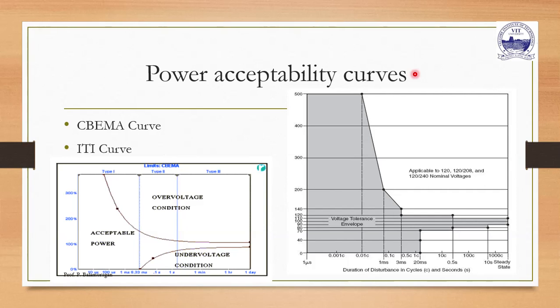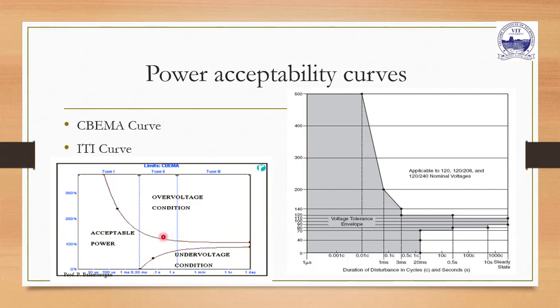So we have two curves, the CBEMA curve and the ITI curve. The CBEMA curve is proposed by the Computer and Business Equipment Manufacturers Association, where they give the variation in the voltage as a function of time, under both over voltage and under voltage conditions.